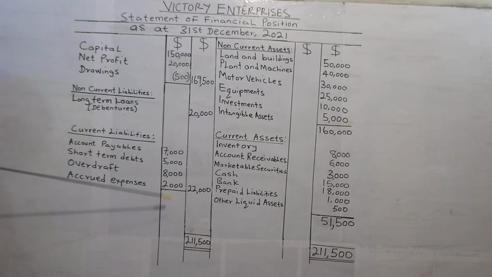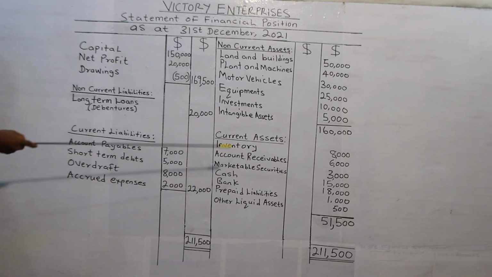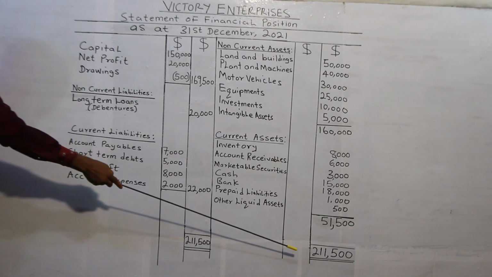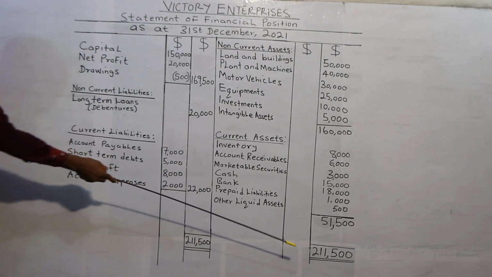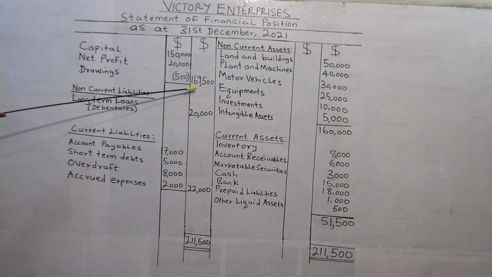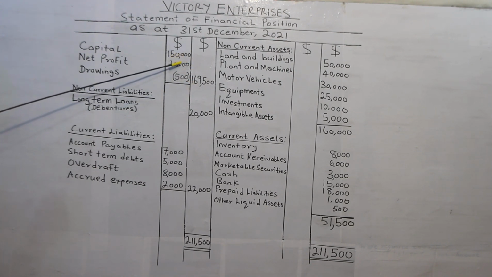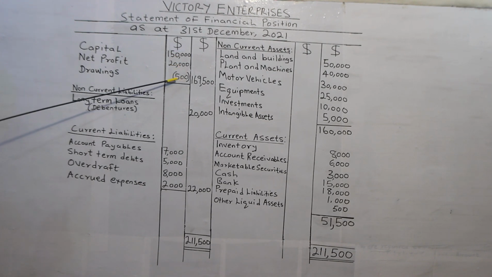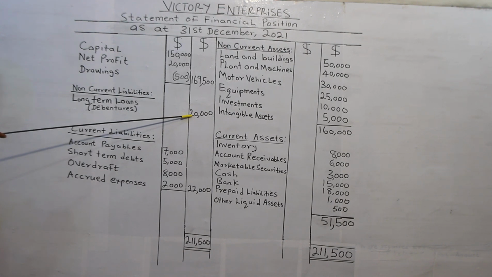Now, from every indication, it is clear that Victory Enterprises has financed the assets of 211,500 through personal capital, which includes the capital and the net profit retained, less drawings. Then the non-current liabilities in the form of long-term loans, which are loans that are repayable over a long period of time, in most cases more than 1 year.